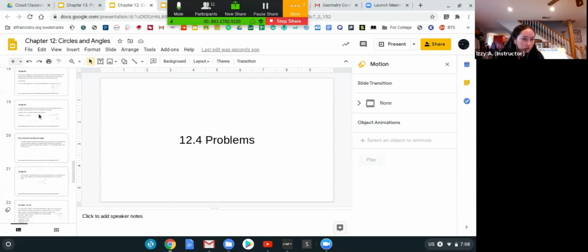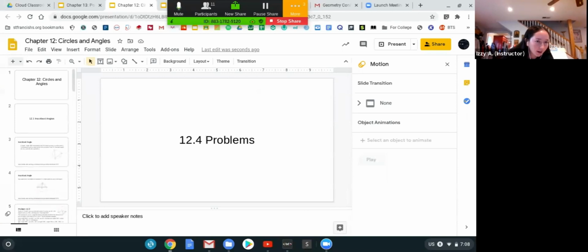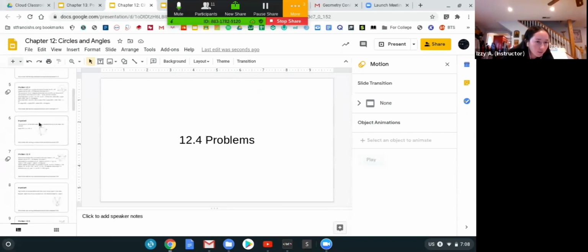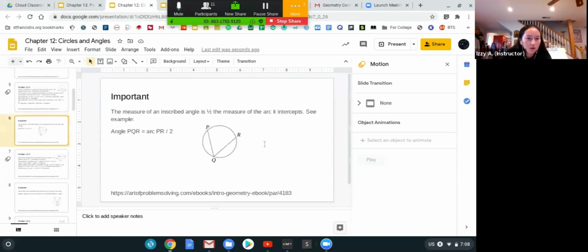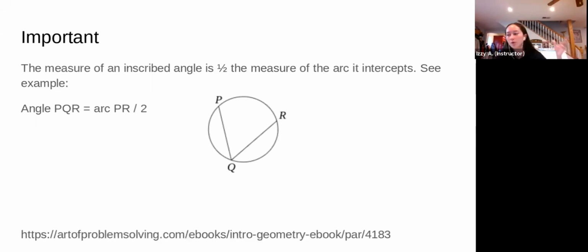There are quite a few slides that we went back. How about we go over the important information that we learned from the previous chapter, because we have a lot of time today, and then we'll go back to the problem.